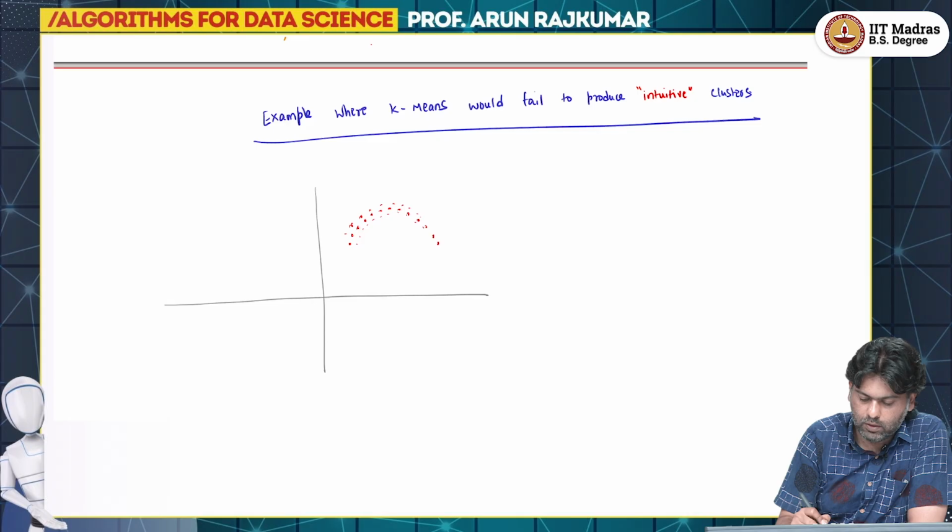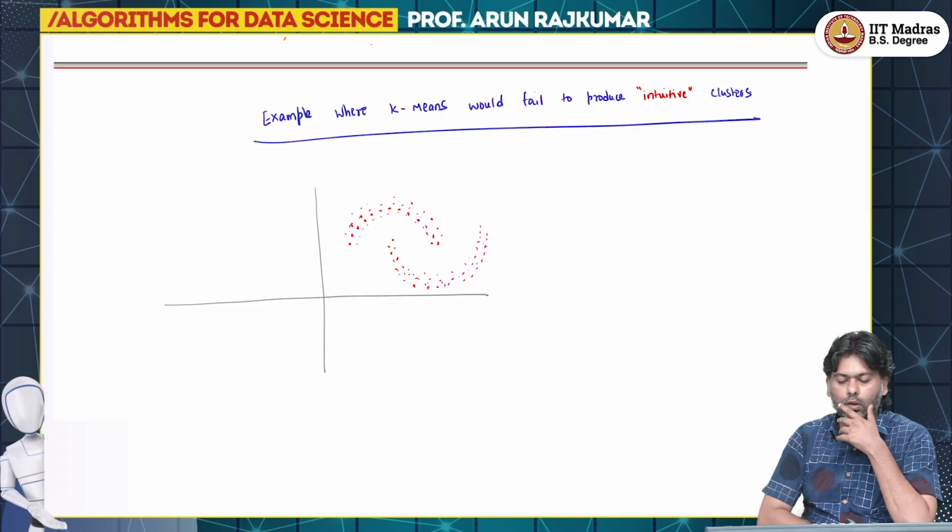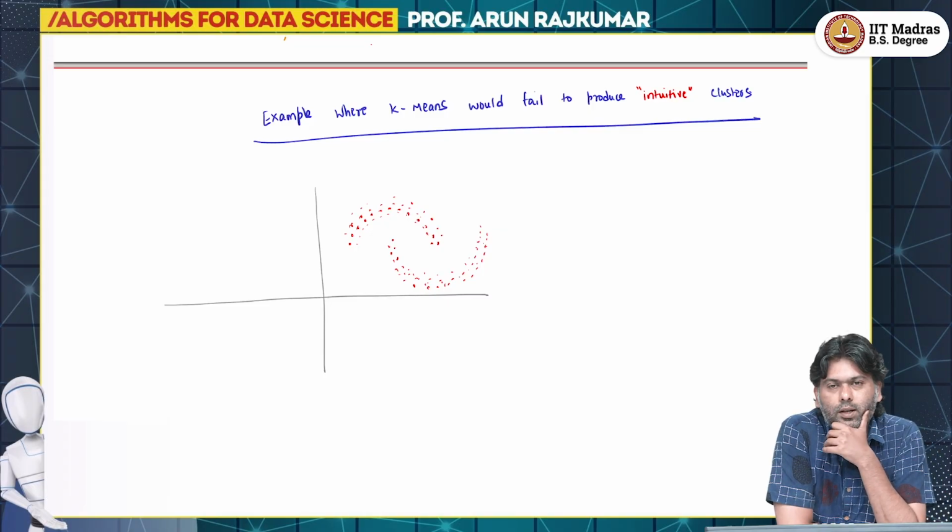It can be some noisy version of what I am drawing as well. But let's say something of this sort. So we have points like this, and then some noisy versions of this.